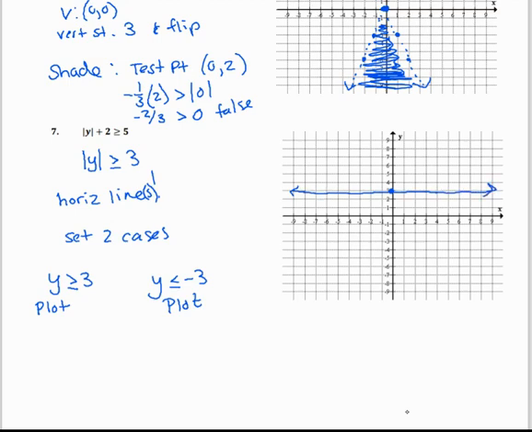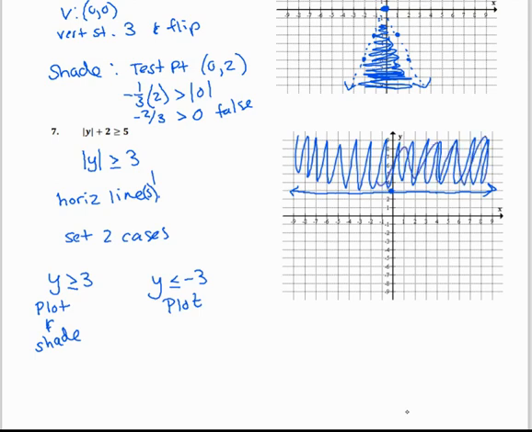But then we need to shade. So we plot and shade that first piece. When I do that, it's saying all y values greater than, so that would mean to shade above. Now we're going to plot the second one and shade.